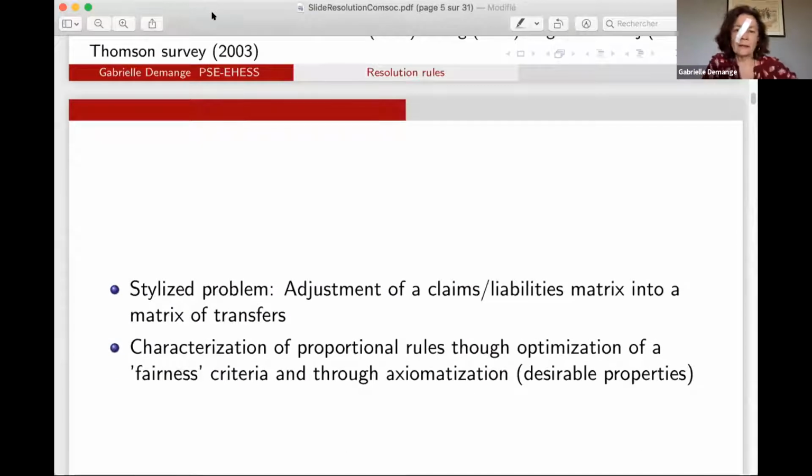So I will model a very stylized problem, where I have a matrix which is given by the claims and liabilities, and one needs to transform this matrix into a matrix of transfers. And I characterize the proportional rules either through considering the optimization of a fairness criterion, which is the entropy here, or through axiomatization.